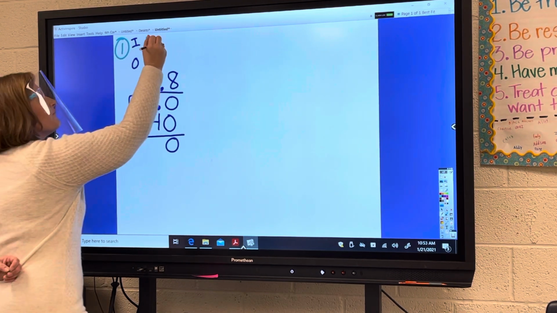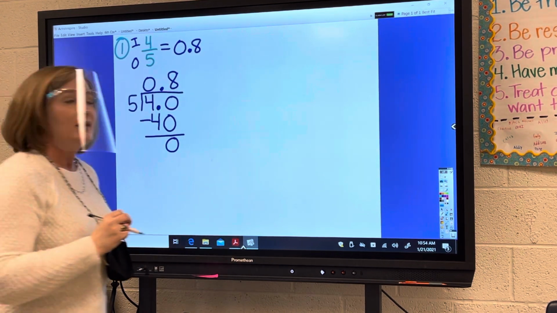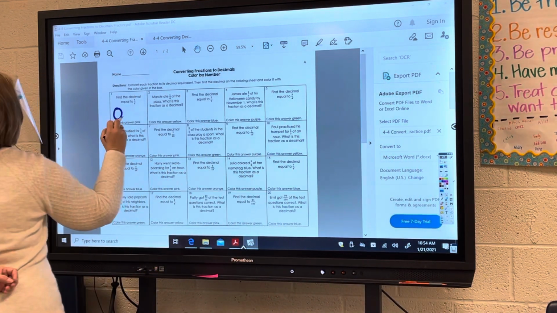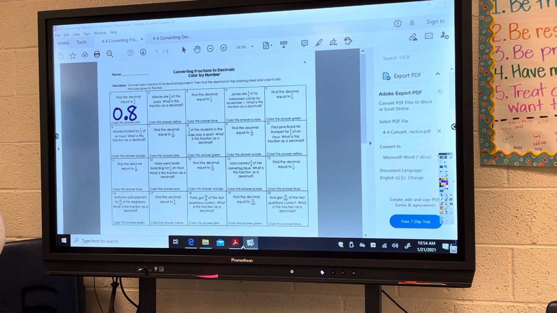No. So 4/5 is equal to what? Which is, say that in math. 8/10, okay? And this is saying it like that, I know y'all don't want to say it like that. I know it's way easier to say 0.8, decimal 8. It's way easier. I know that. I get it, okay?